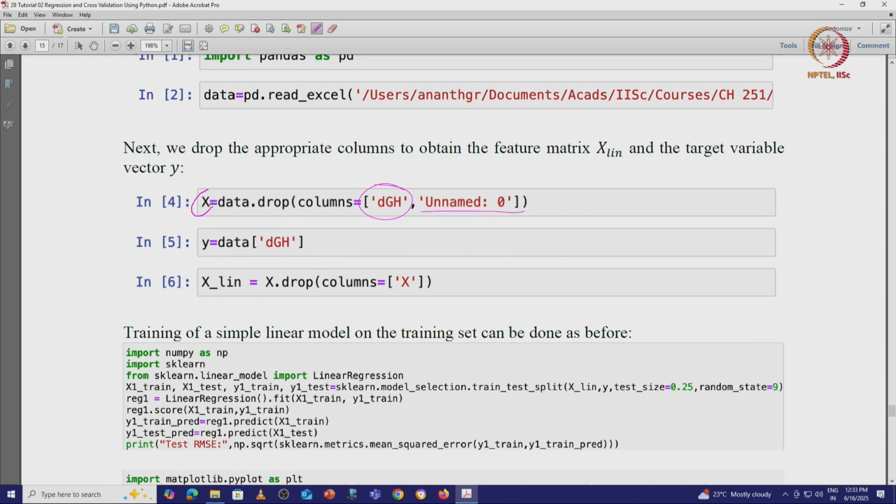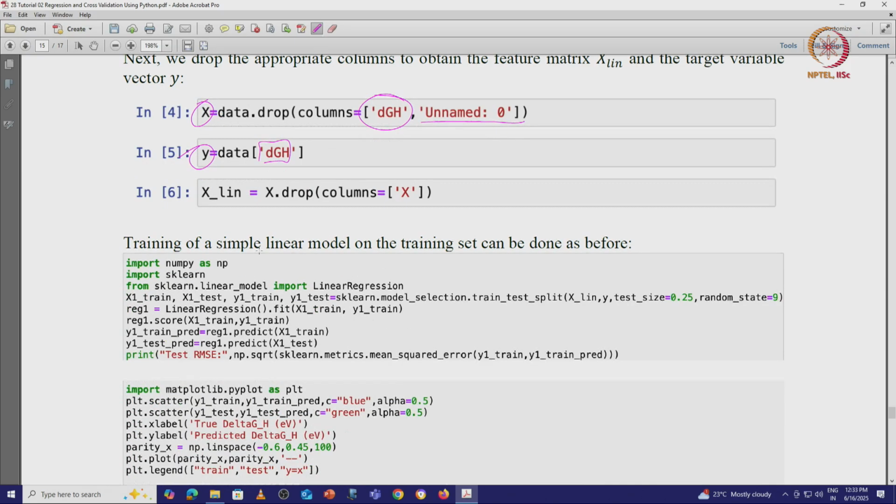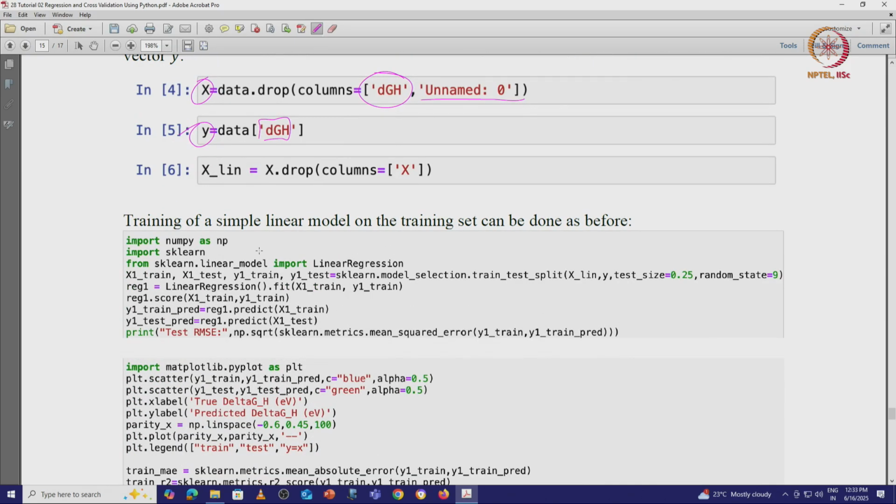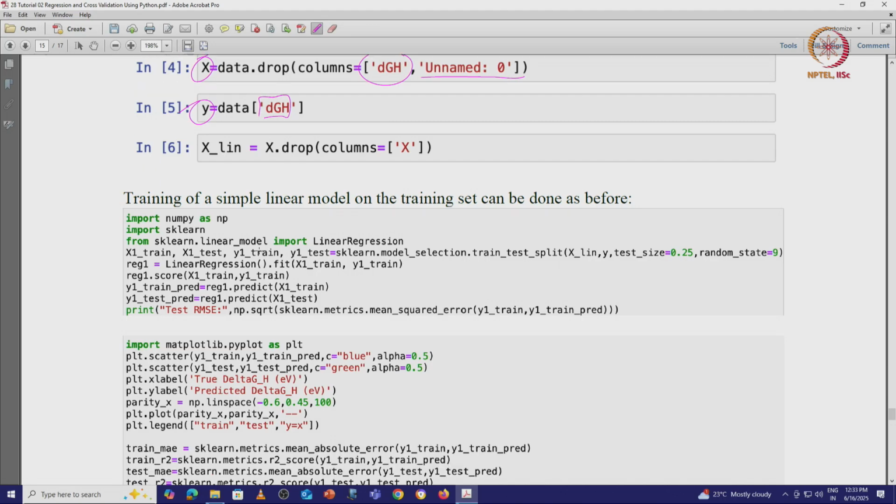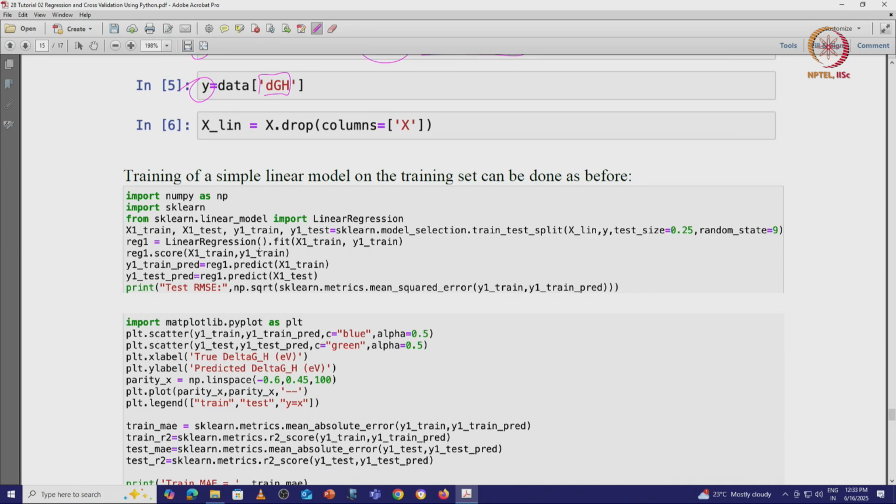So that is your data matrix X, where the rows are each point and the columns are the features, and you can also initialize the data, delta G of adsorption of H, that is the quantity we want to predict. So you have the X and Y matrices, and then you can train a simple linear model. Again I am doing test train split here with a 75-25 split.